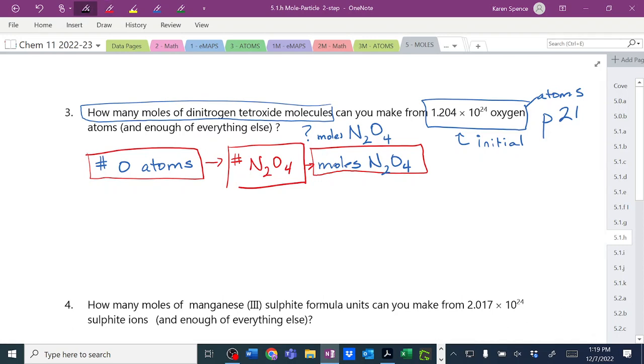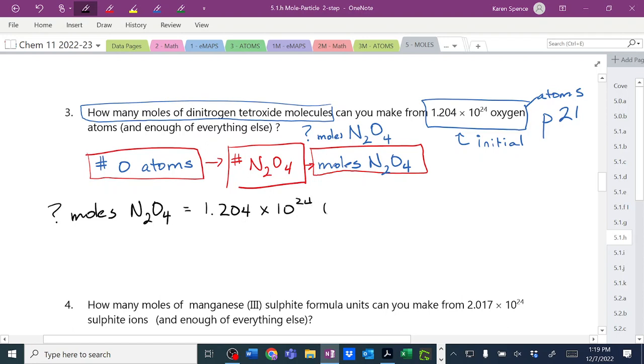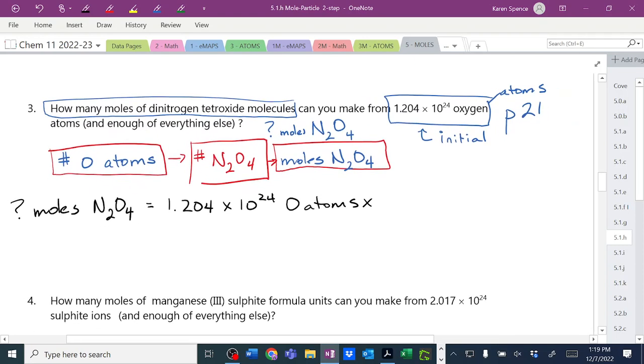So let's try this, shall we? We want to find the moles of N2O4. We are starting with 1.204 times 10 to the 24 O atoms. I might need to write my calculation on a couple of lines because I'm running out of room a little bit. So here I have my first conversion factor.